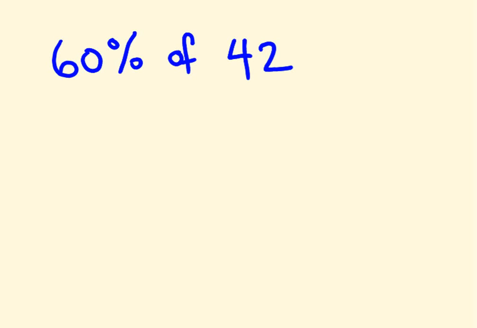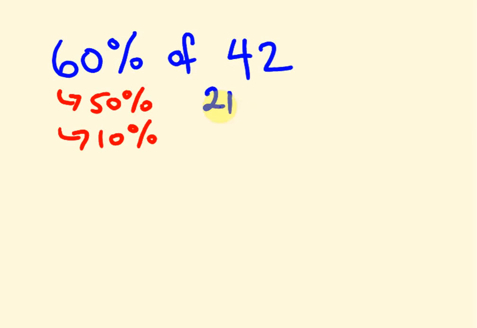The easiest way of getting there is a 50% number, which, if you remember, is half, and a 10% number. Then you're going to add these together. So 50% is half, which is 21. 10% is moving the decimal place, and you'll get really good at doing this, which is 4.2. And you're adding these together. You can see I've lined the units up there, but you'll do this in your head. So 21 and 4.2 is 25.2.